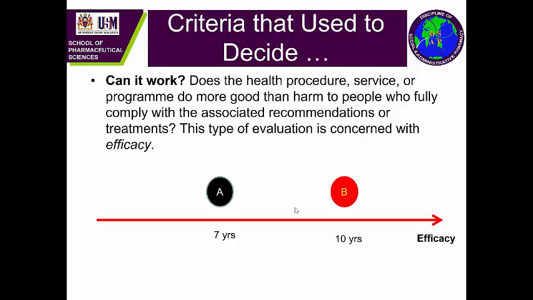So for example, if you have these two drugs here, A and B, where the old drug A lets the patient survive for 7 years, whereas the new drug B lets the patient survive for 10 years. If you're using the criterion of can it work, or which one has the better efficacy, we would definitely go with the new drug, which gives us a longer survival of 10 years compared to the 7 years with the old drug.